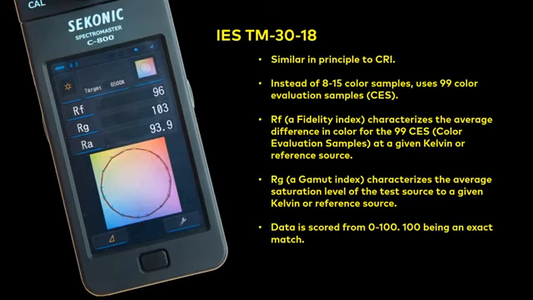No, but it gives me an idea that I'm maybe deficient or lacking a certain portion of the spectrum. Data scored from 0 to 100. And you can see sometimes even in the Gamut Index, it exceeds their dynamic range. Again, these are mathematical equations, so you can have things that fall off the scale, and it's not at all unusual.